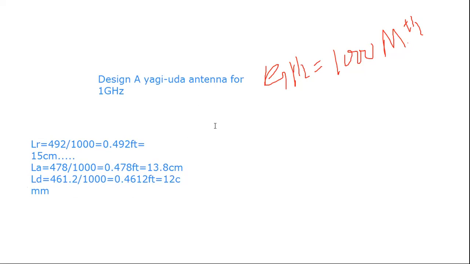And when you calculate the spacing between the two elements, it is approximately 6 centimeters, and you can calculate by this equation. Try yourself: c is equal to f lambda, so lambda is equal to c by f.